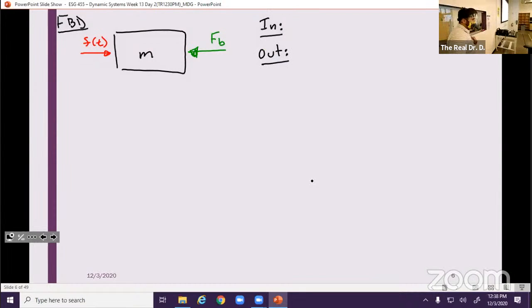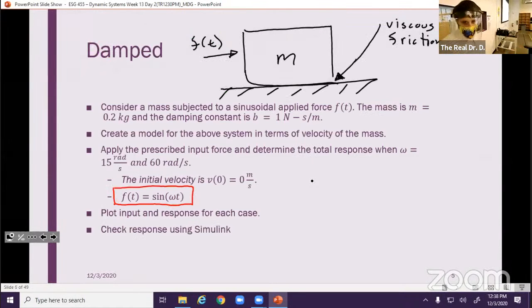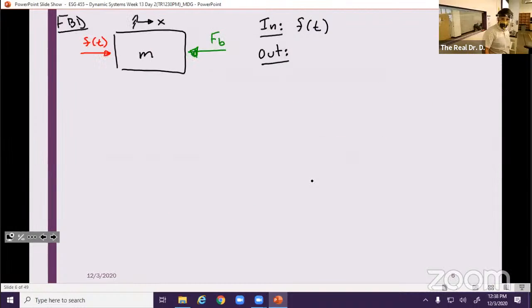What's my input? Yep. F of t. What's my output? X. Velocity. All right, we're told that we want it specifically in terms of the velocity. We want to find the output velocity here.